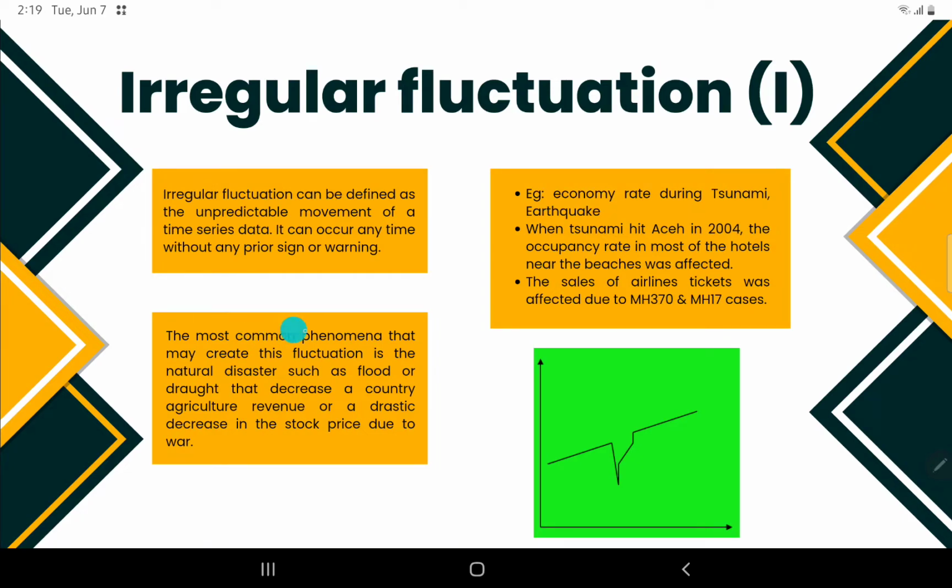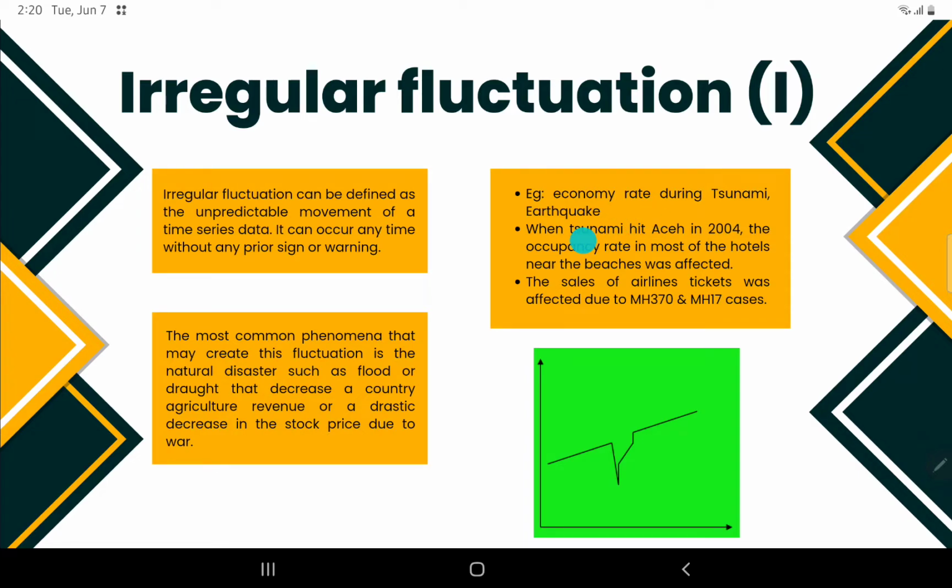Okay, the most common phenomena that may create this fluctuation is the natural disaster, okay, such as flood or drought that decrease a country's agriculture revenue, or a drastic decrease in the stock price due to the war. Okay, so example macam ni lah, economy rate during tsunami, earthquake.